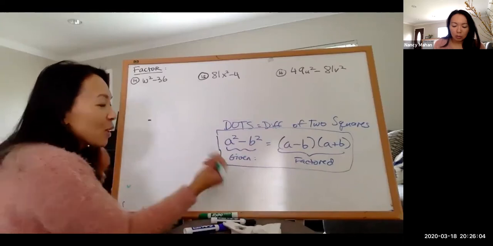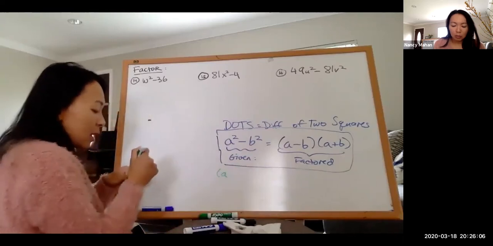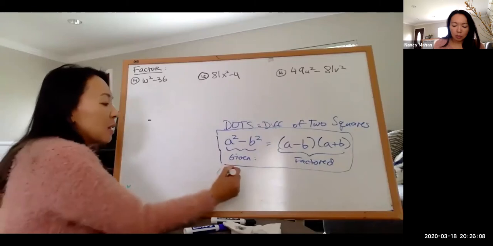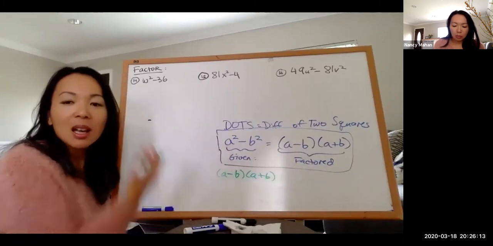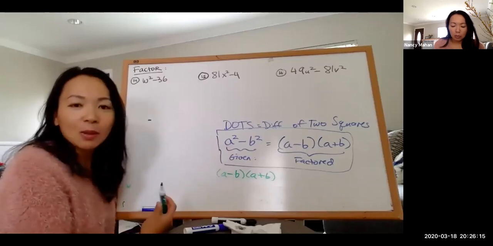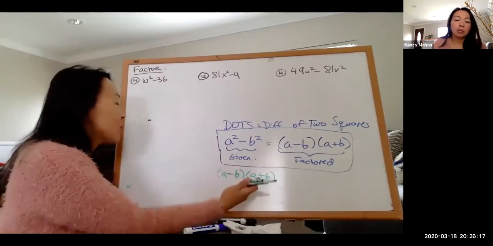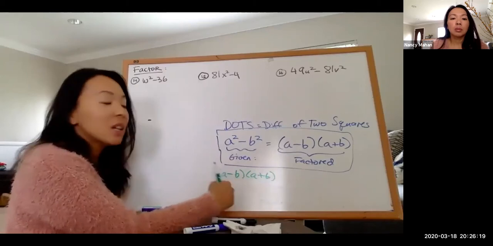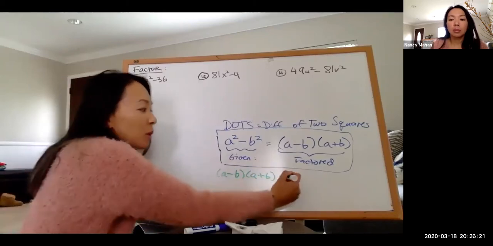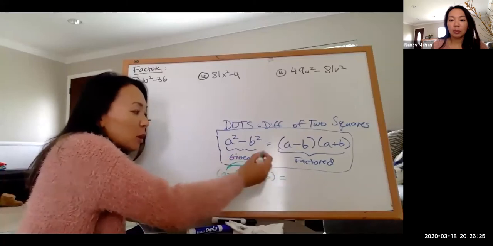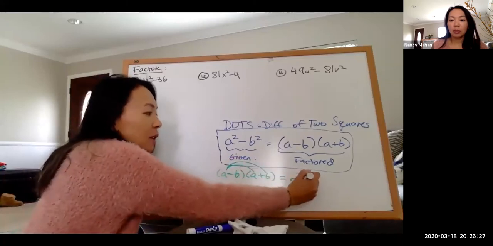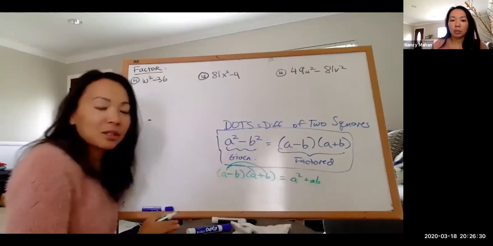If I gave you A minus B times A plus B initially, we know from the past few weeks of mathematics that you would just distribute it. If you distributed it, you would get A squared plus AB, right?